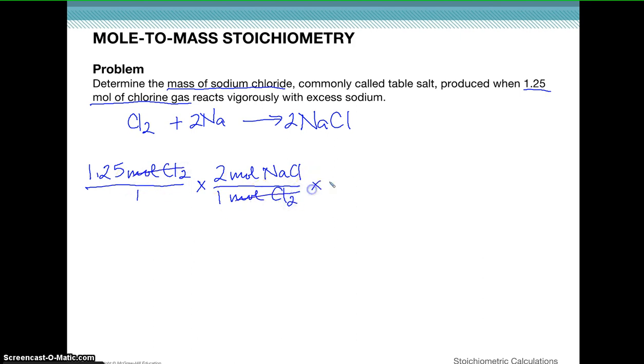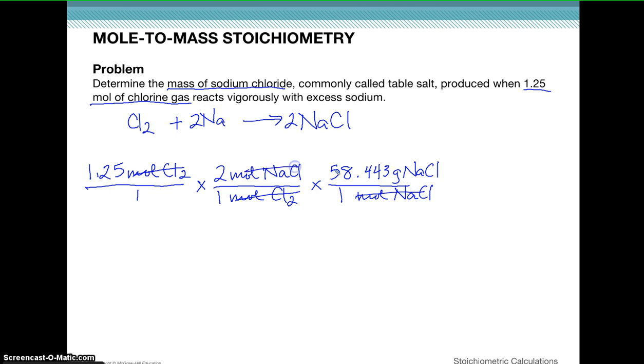Now, because the question asks for the mass of sodium chloride, we have to use the molar mass. From your periodic table, add up the molar mass of Na plus Cl, and that's what we're going to use here. So our molar mass would be 58.443 grams of NaCl per mole of NaCl.